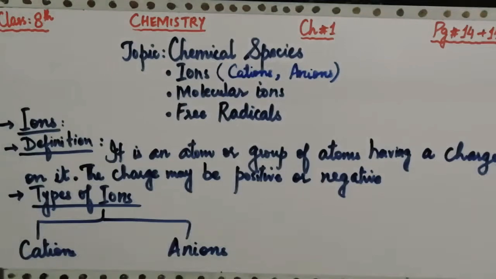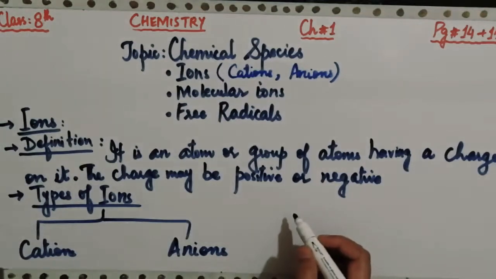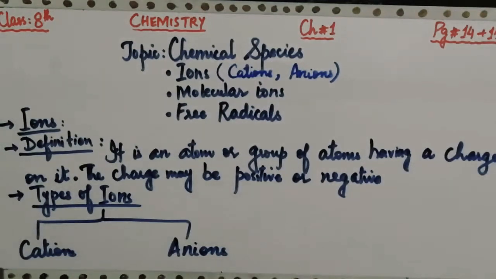Cations are basically those ions or atoms or groups of atoms which contain the positive charge on them. Clear? While the anions contain the negative charge on them.